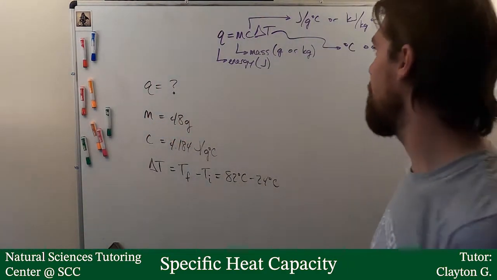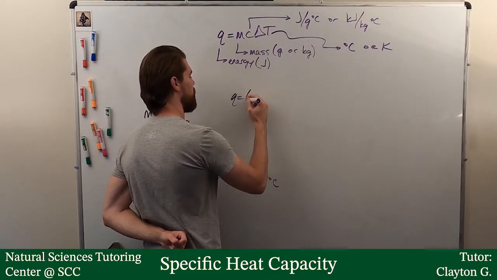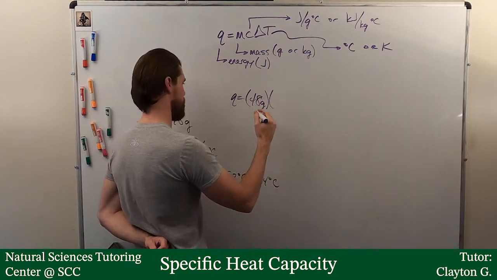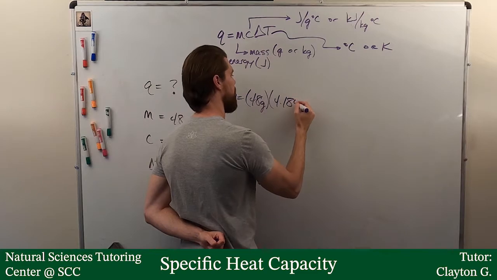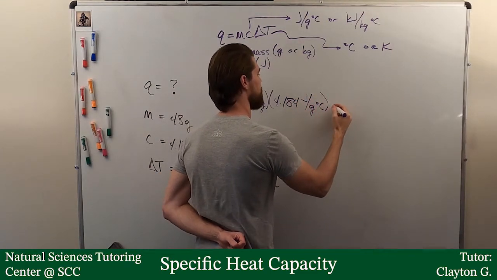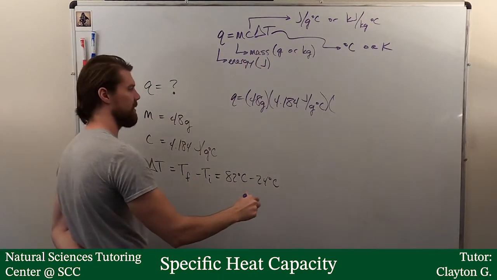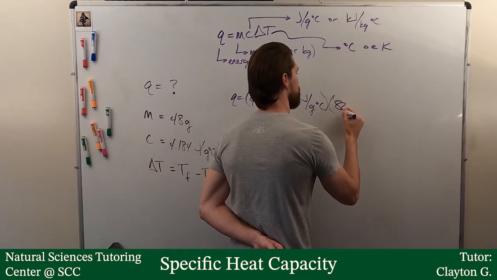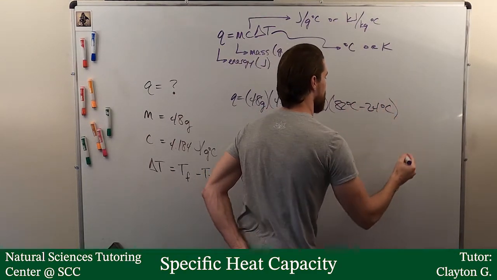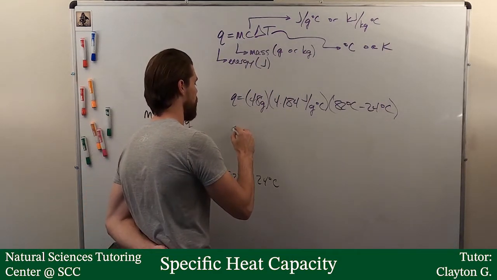So we're going to fill them in. We have Q equals 48 grams times 4.184 joules per gram degrees Celsius times delta T, T final minus T initial, 82 degrees Celsius minus 24 degrees Celsius. And let's simplify it once here.